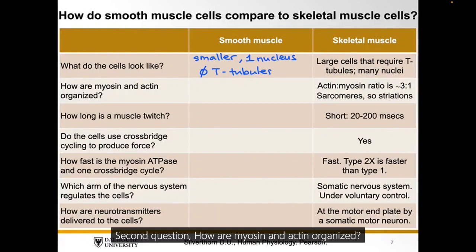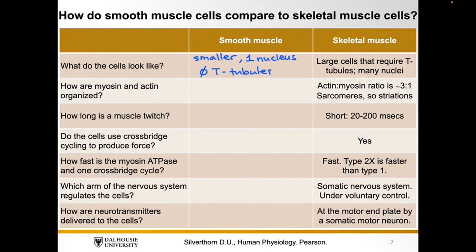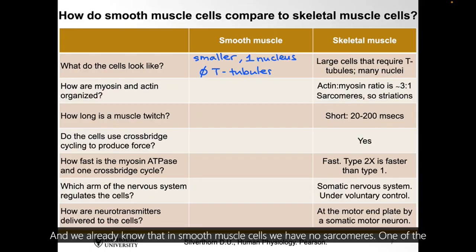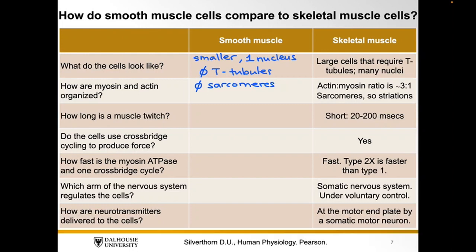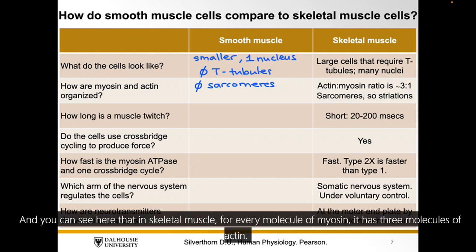Second question, how are myosin and actin organized? So we already know that in skeletal muscle we have sarcomeres, and we already know that in smooth muscle cells we have no sarcomeres. One of the things we haven't mentioned about skeletal muscle is the ratio of actin to myosin. And you can see here that in skeletal muscle, for every molecule of myosin, it has 3 molecules of actin.